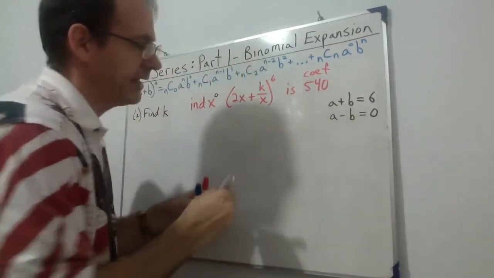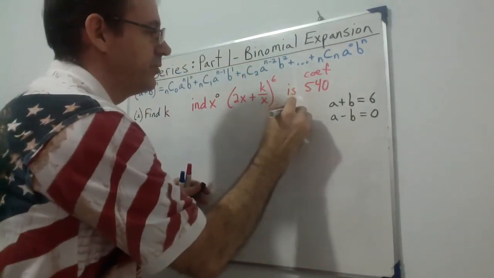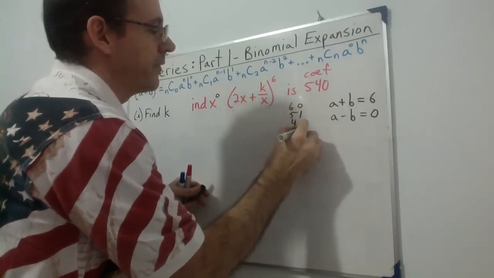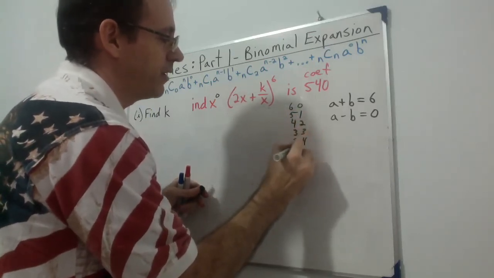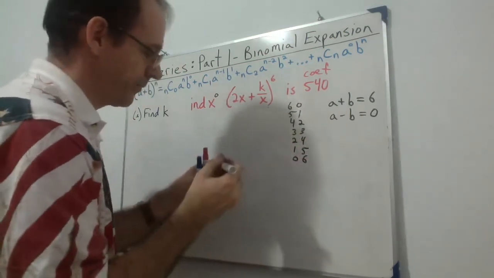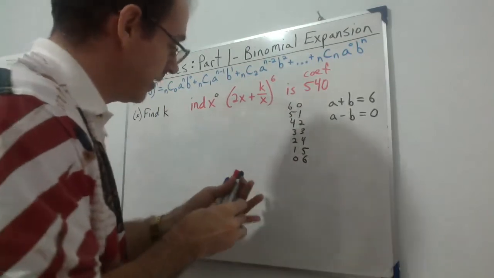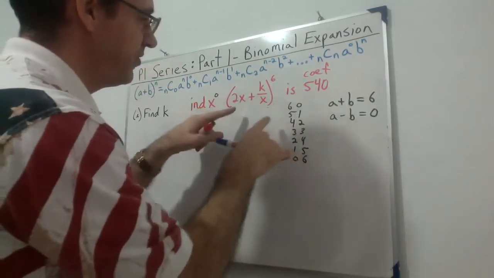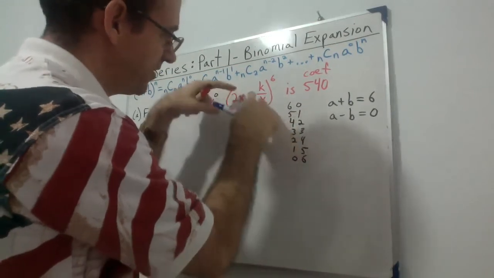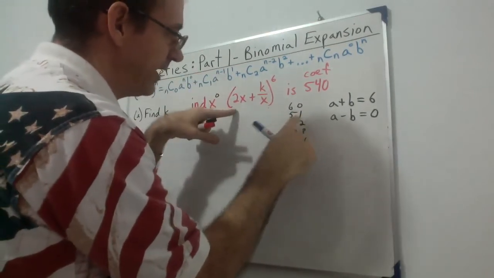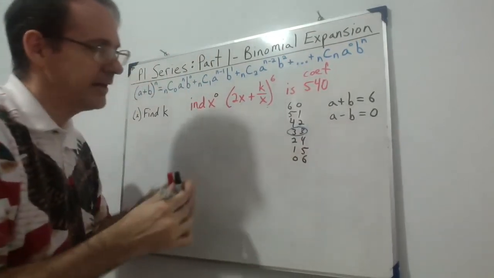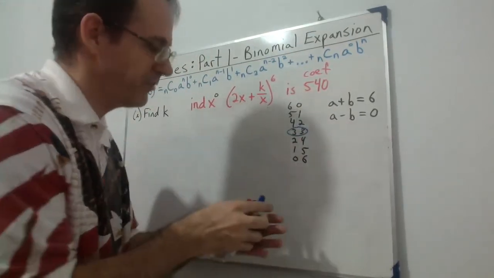If we were doing it mentally, we would do 6, 0, 5, 1, 4, 2, 3, 3, 2, 4, 1, 5, 0, 6. Okay, and if we're looking for the one that gives us 0, 6 on top, 0 on the bottom, 5, since it's divide, you subtract 5 minus 1, 4 minus 2, so the 3 minus 3 would give it to us. That's the mental way.